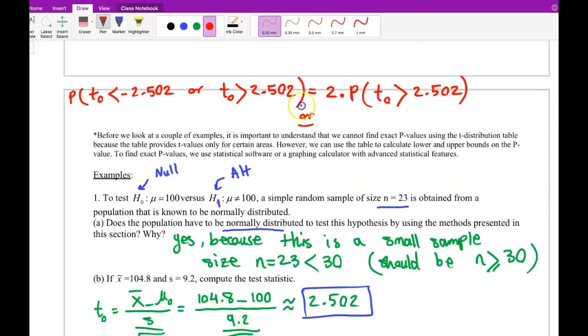Or we can use equal to 2 times when t is less than negative 2.502. But in the textbook you may see only this one. But the answers are the same.